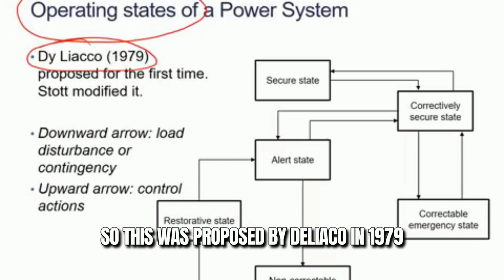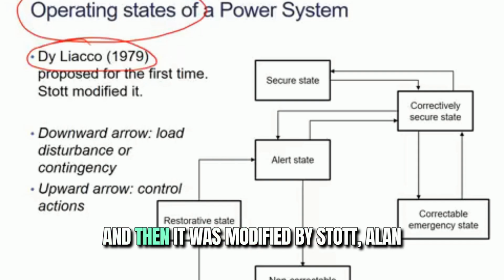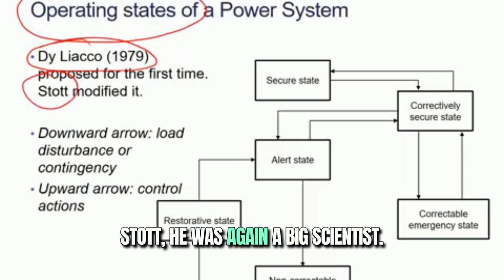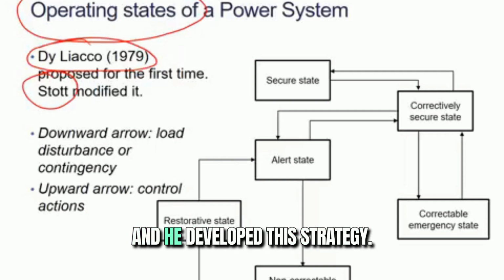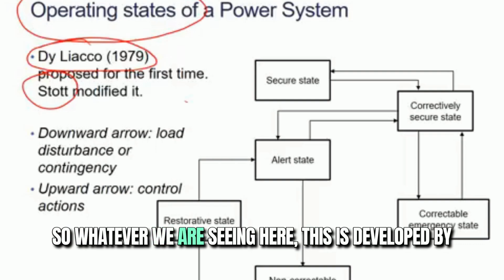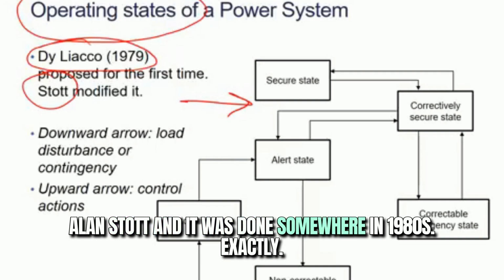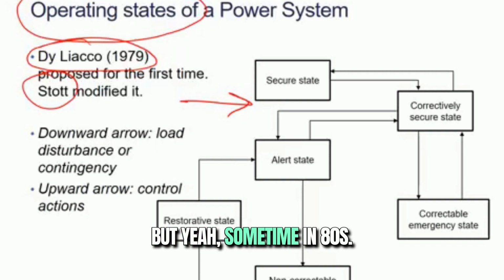This was proposed by Dy Liacco in 1979, and then it was modified by Alan Stott, again a big scientist, an American scientist, who developed this strategy. So whatever we are seeing here was developed by Alan Stott, somewhere in the 1980s. I do not remember exactly, but sometime in the 80s.